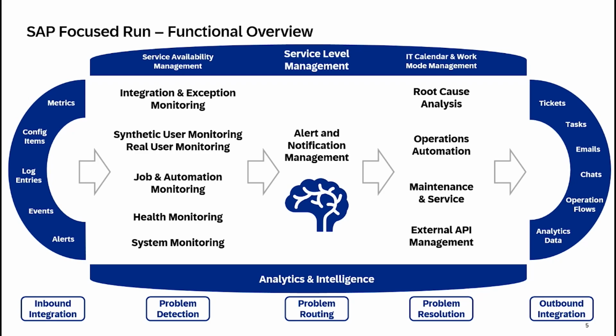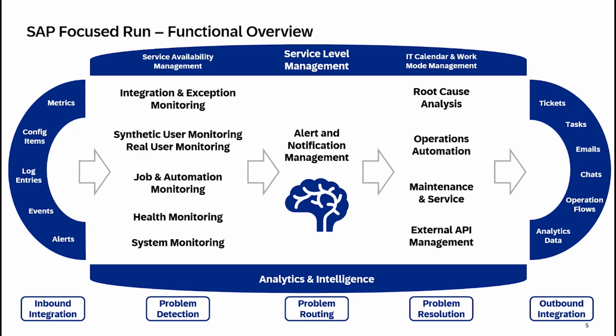This is already one big difference. And this also matches what I said before about the combination of Focused Run and Cloud ALM. For example, use business process monitoring on Cloud ALM and do the rest with Focused Run, no problem, perfectly supported, and they complement each other very well.